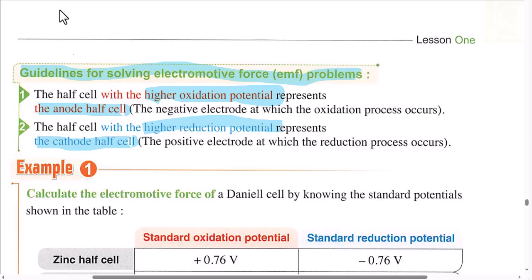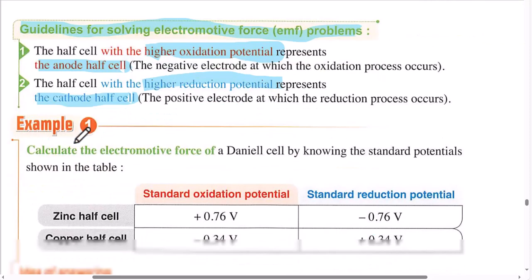And also, if the reduction potential is given to you, you have to know which reduction potential is higher. The higher reduction potential refers to the cathode half cell. It's a very critical point to solve the problem. So the higher oxidation potential refers to the anode, and the higher reduction potential refers to the cathode.